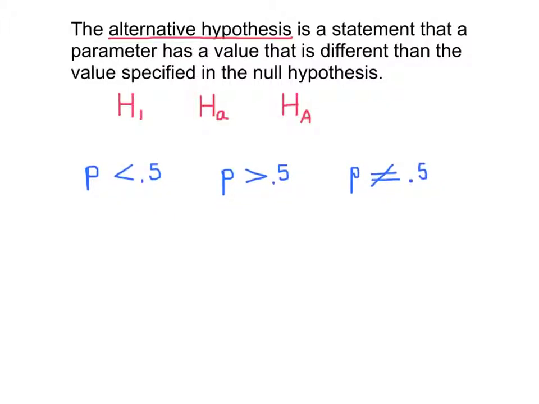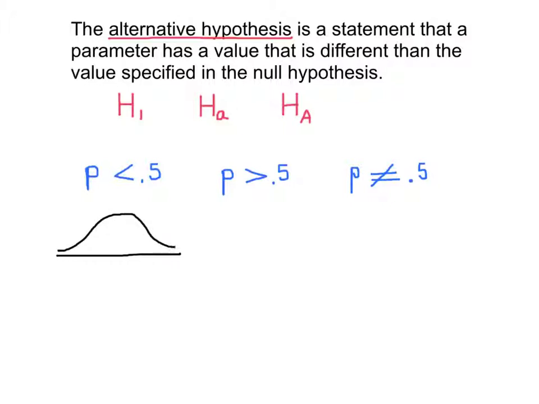And what I want to talk about are our left-tailed test and right-tailed test. When we're talking about P being less than 0.5, that is a left-tailed test. So let's draw our little normal distribution here. Here's our normal distribution.